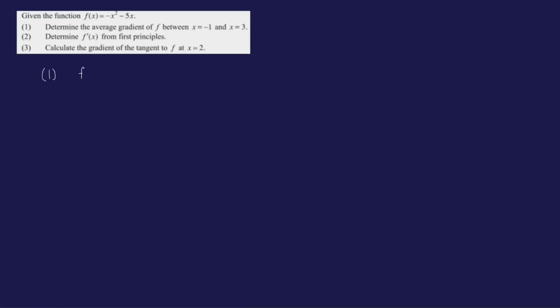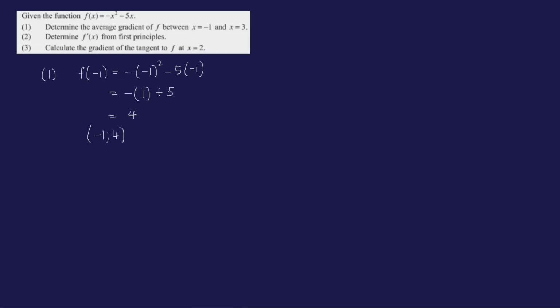So f of minus 1 is going to equal minus into minus 1 all squared minus 5 into minus 1. So this is going to be minus, and minus 1 squared is 1, and then minus 5 and minus 1 makes a plus 5. So this is 5 minus 1, which is 4. So one coordinate will be minus 1 and 4.